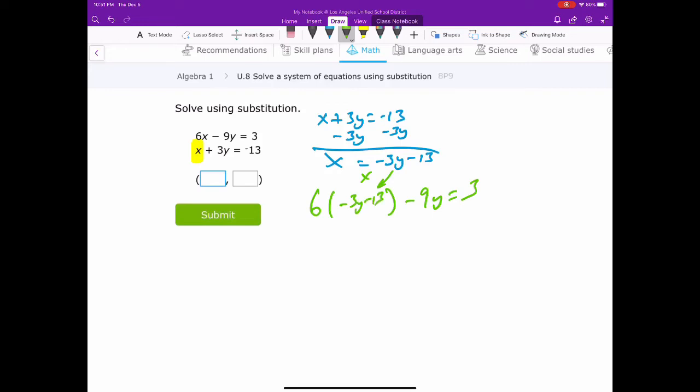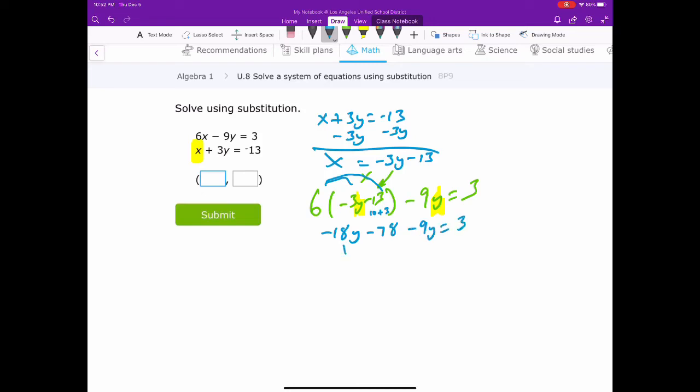Okay, here we go. We only have one variable, y's, and we're going to bring those together once we combine our like terms. But let's go ahead and distribute our parentheses. Negative 18y, because 6 times 3, and then 6 times 13 is 6 times 10 and 6 times 3. 6 times 10 is 60, 6 times 3 is 18, 60 plus 18 is a negative 78, minus 9y is equal to 3.